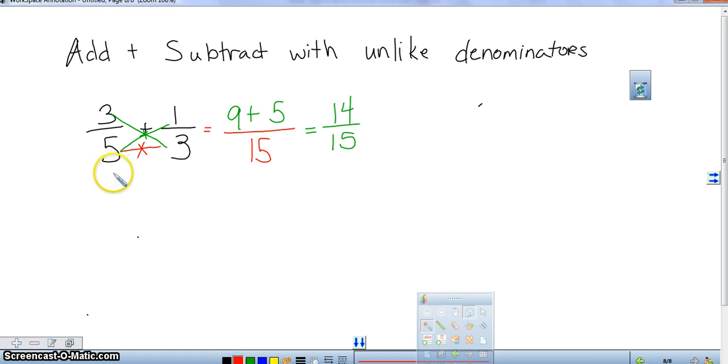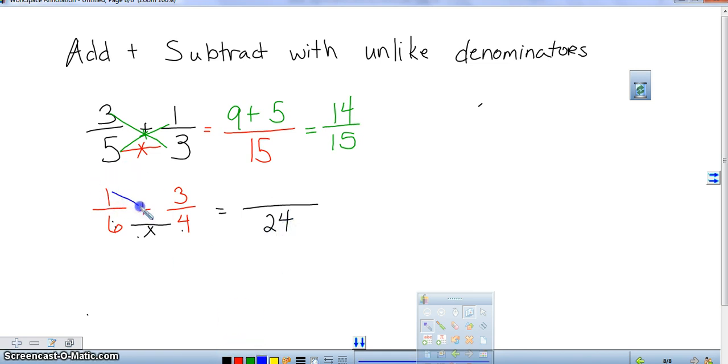Let me show you another one. 1 over 6 plus 3 over 4. Okay, they're different. The denominators are the bottom. They're different. So you have to multiply 6 times 4. 6 times 4 is 24.